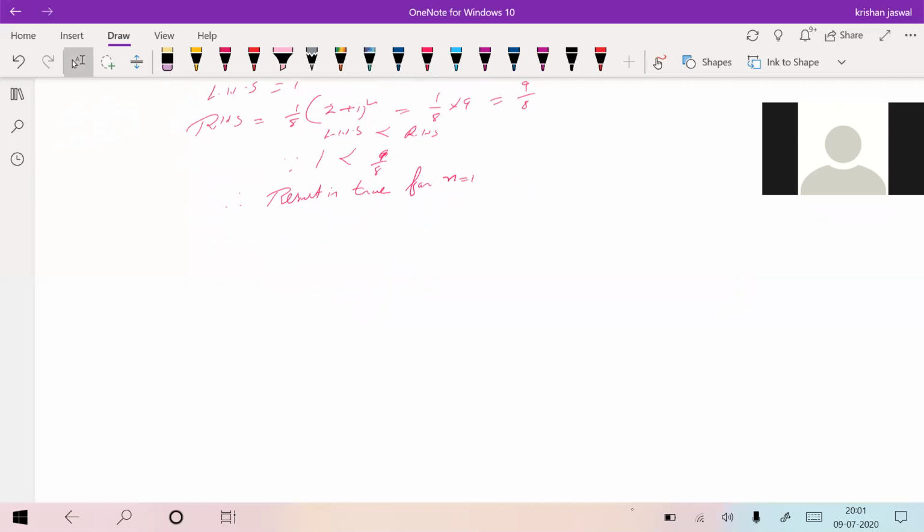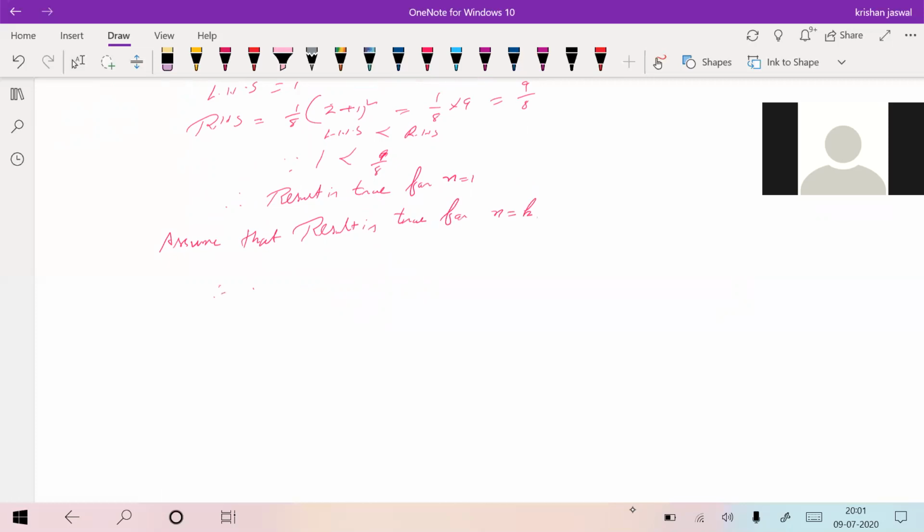Now assume that the result is true for n is equal to k.